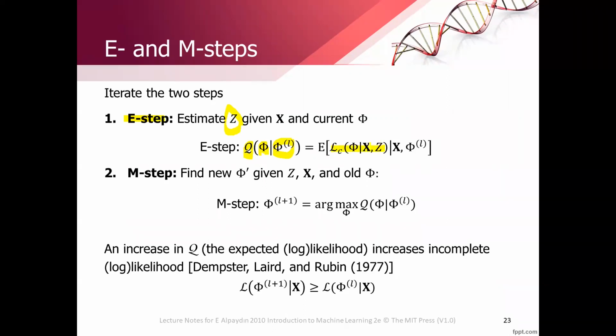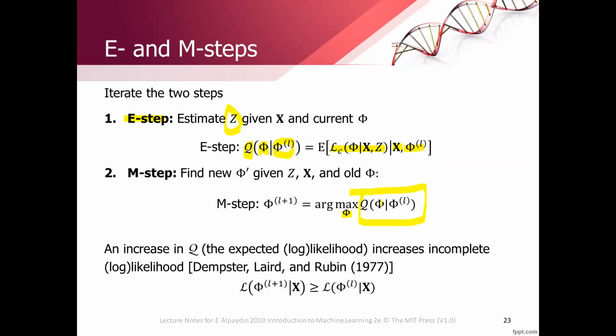If we know X and Z, likelihood of the set of parameters, capital Phi, based on known set of examples, X, so set of observations, and our current set of parameters, capital Phi with superscript L. And in the next step, we compute the best set of parameters based on the function Q. So we compute the maximum of this function.